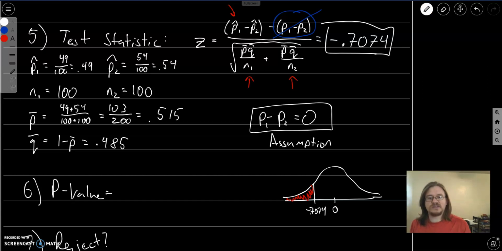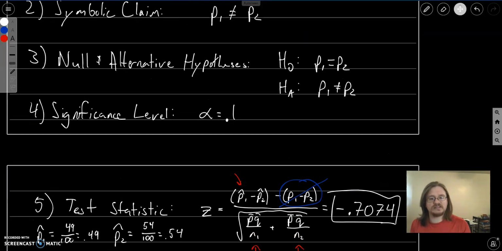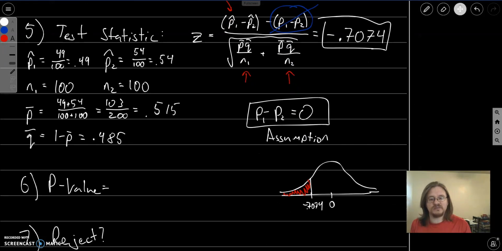However, this is also a two-tailed test, meaning that what we're doing is we're testing whether or not P1 is equal to P2. So it could be that P1 is just not equal to P2 because P1 is a lot smaller than P2, or it could be that P1 is a lot bigger than P2.